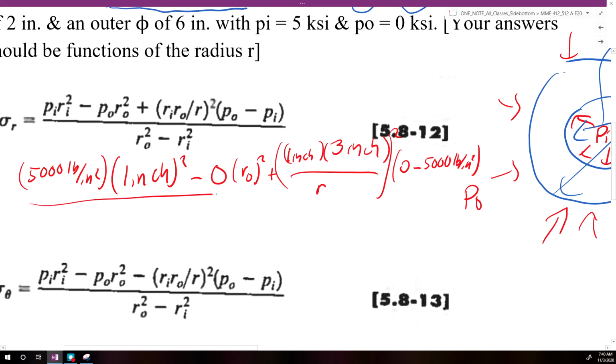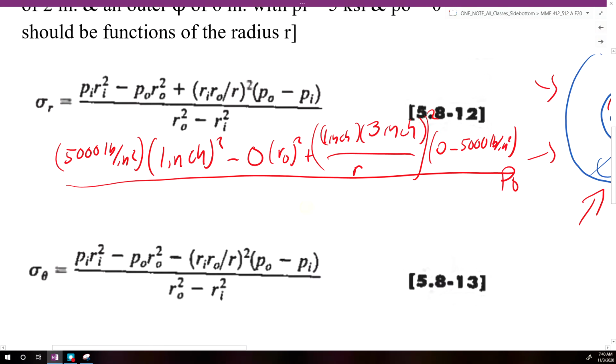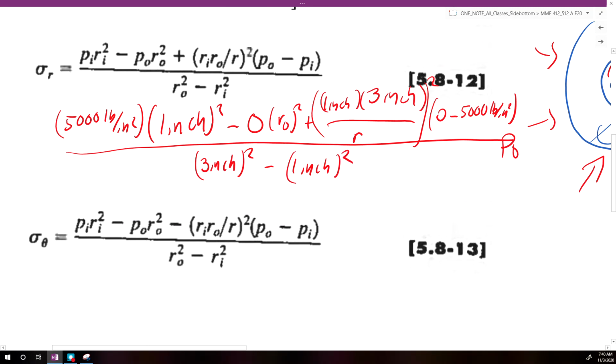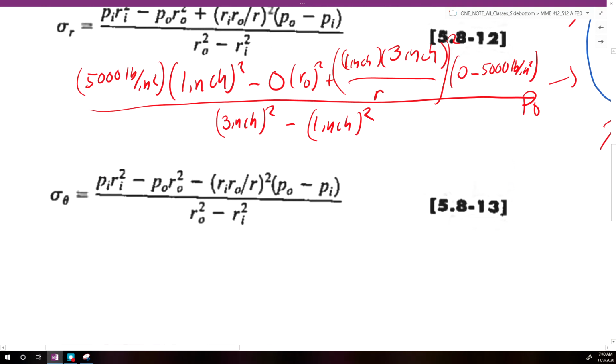Then we divide by the difference between our outer radius and our inner radius. Our outer radius is 3 inches squared, and our inner radius is 1 inch squared. Okay, we can then repeat this process for sigma theta.